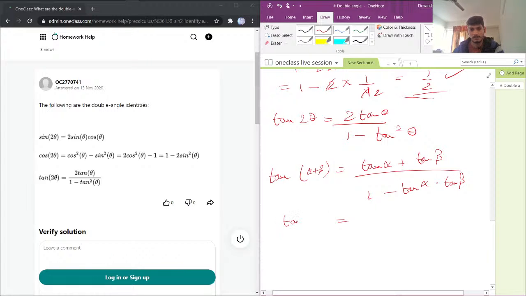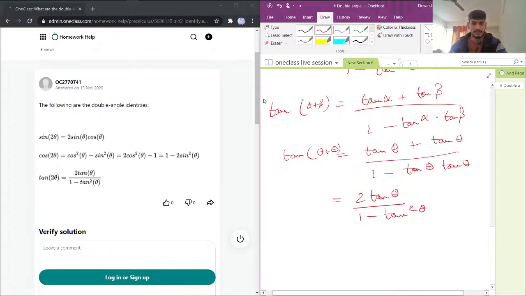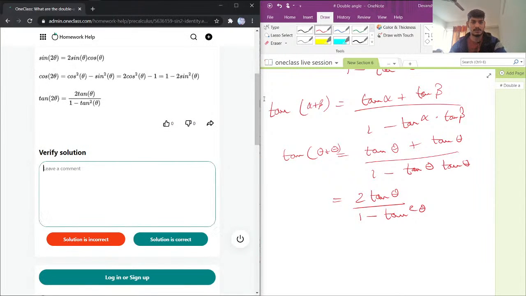I can say tangent of theta plus theta is tangent of theta plus tangent of theta over 1 minus tangent of theta into tangent of theta, which equals 2 times tangent of theta over 1 minus tangent square theta. So that is pretty much about double angle identities.